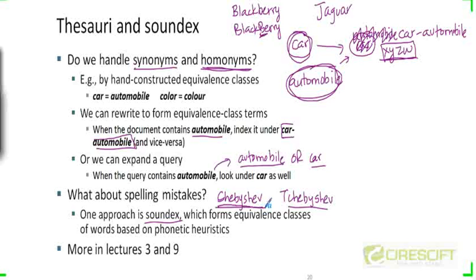So both these words would be normalized to the same term, because it's going to look at the pronunciation and generate a string based on how you're pronouncing this word. And based on the pronunciation, it's going to group words into terms. So that means if the query is written in one particular spelling, you will be able to retrieve documents containing the other spellings as well.